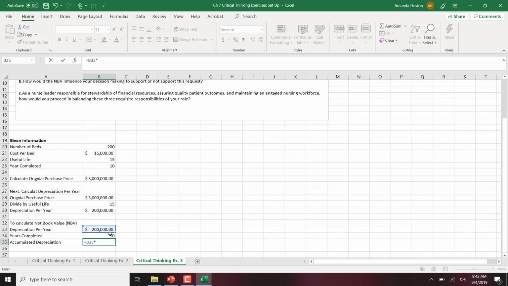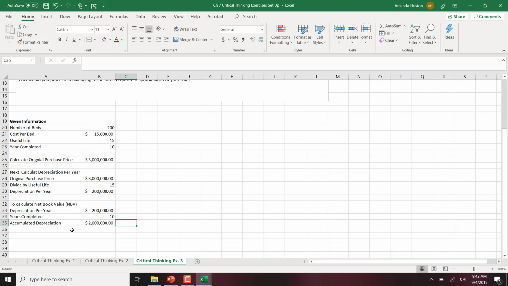So 200,000 times 10. So 2 million in depreciation. So then we would take the original purchase price of 3 million less accumulated depreciation of 2 million.